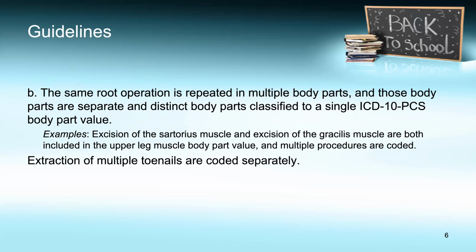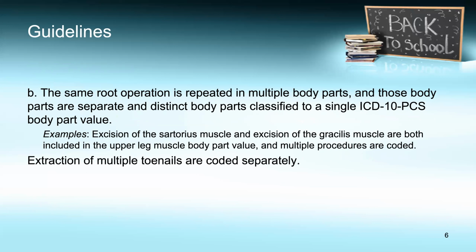Next, we have B. The same root operation is repeated in multiple body parts, and those body parts are separate and distinct body parts classified to a single ICD-10-PCS body part value.